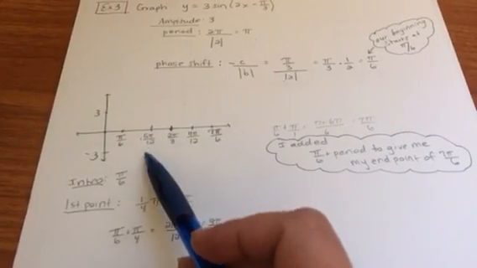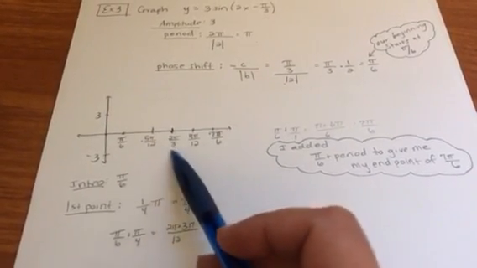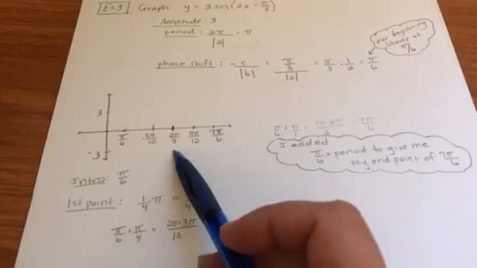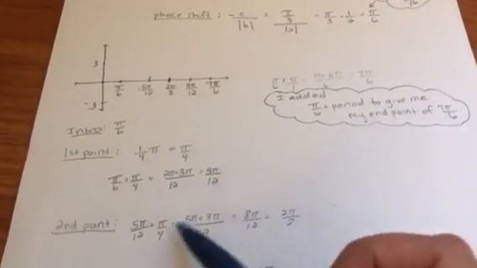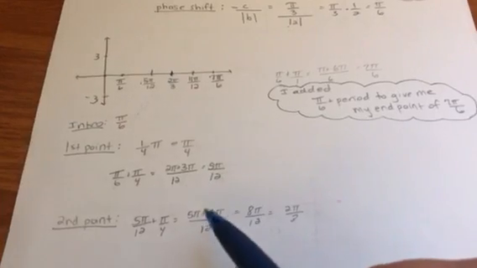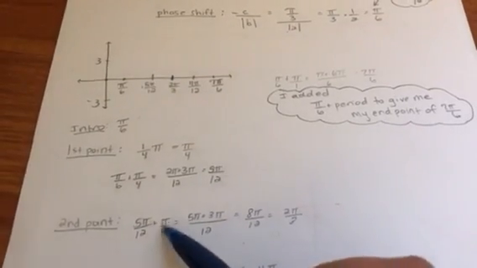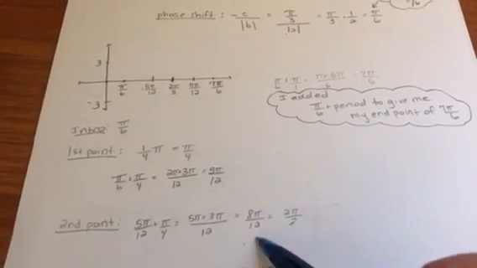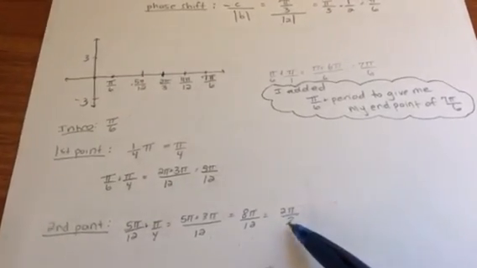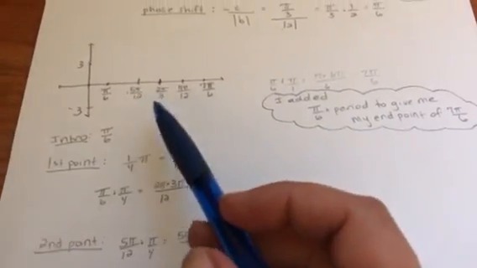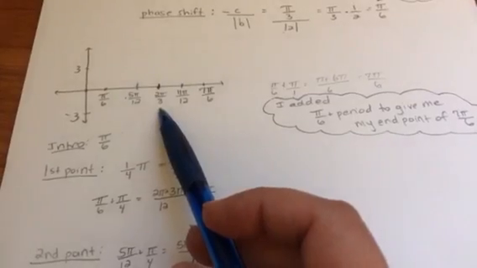To get from this point to this point, I'm going to have to add pi over 4 again. That's what I did to get that point. So I get 5 pi over 12 plus pi over 4. So 5/12 plus 1/4 is the same as 8/12 or 2/3. And I just add the pi at the end. So that's going to be my middle point. And notice how I put the middle point right there.